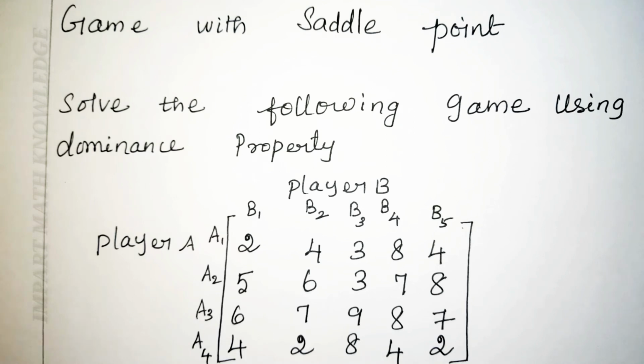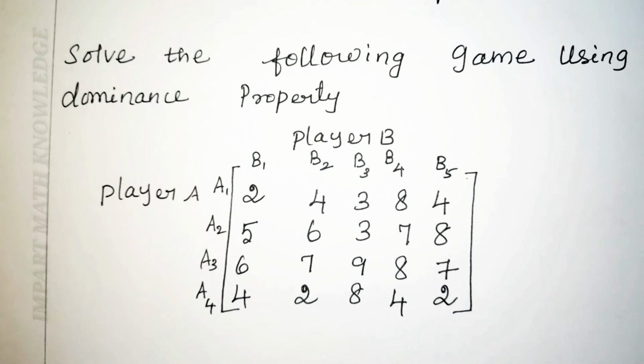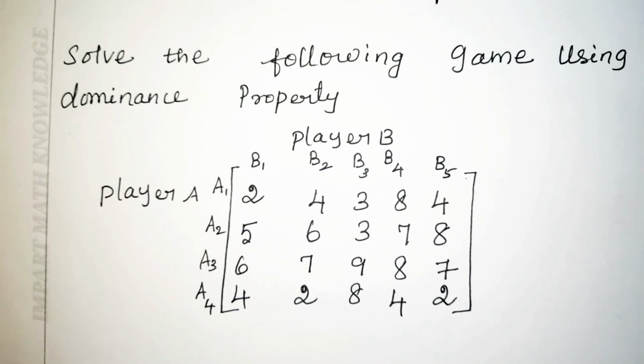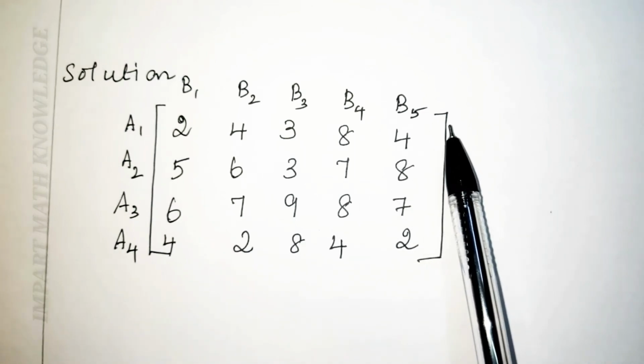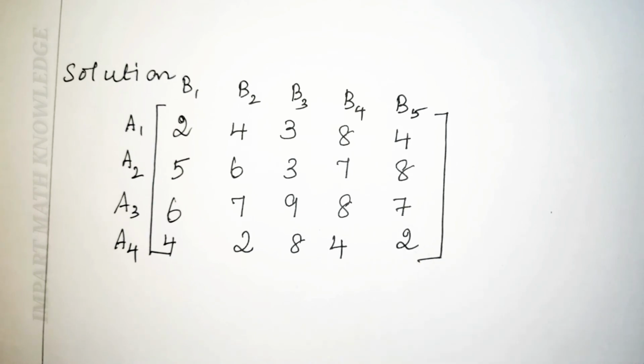The question is, solve the following game using dominance property. Remember that while applying dominance property, you have to omit lesser row, greater column. In the given problem, player A has 4 strategies and player B has 5 strategies. We have to reduce the problem using dominance property.